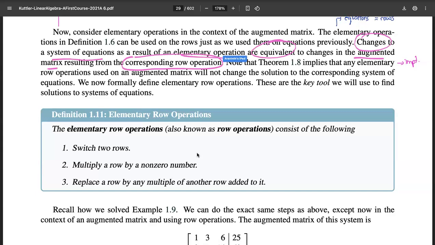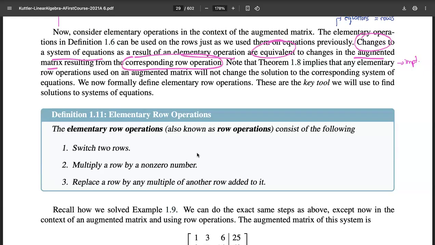Whatever changes we make to a system of equations using elementary operations, those changes are equivalent to the changes in the augmented matrix whenever I use the corresponding row operation. The ideas of the tools are the same, they're just given different terms.